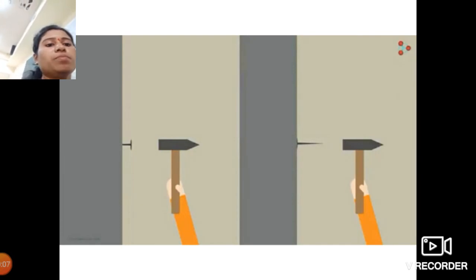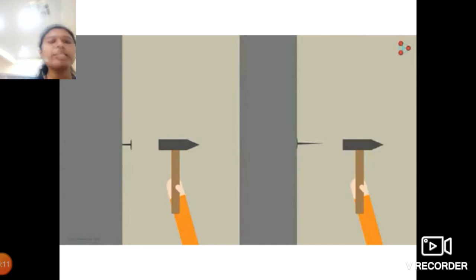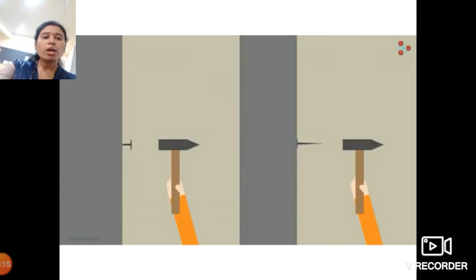See these, students. What will you see in this example? See the nail and the wall. Notice that we are also applying the force at a particular point on the surface of the nail.